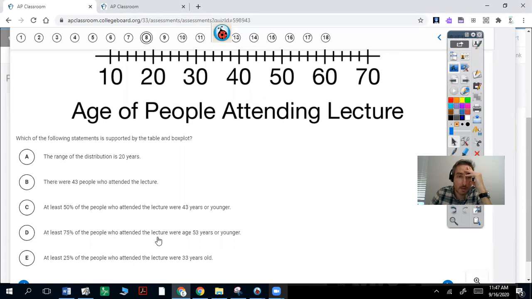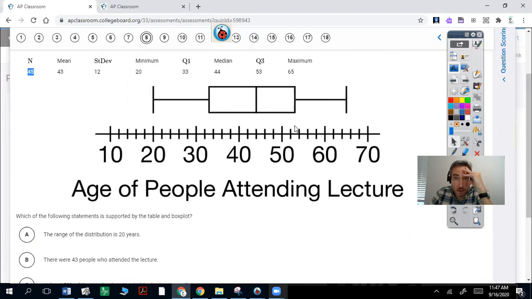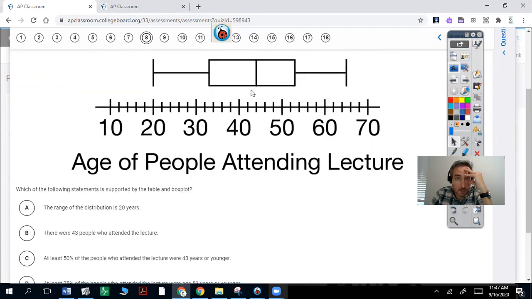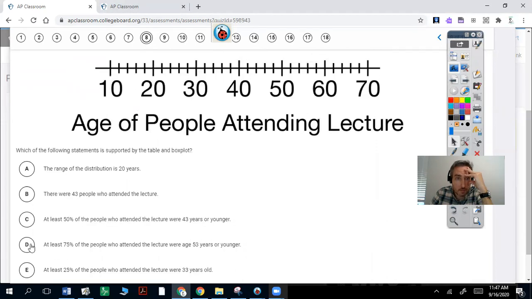D, at least 75% of the people who attended the lecture were age 53 years or younger. All right, quartile 3 is 53, 75%, 53 years or younger. That would be true, 25, 50, 75. So it's going to be this one.